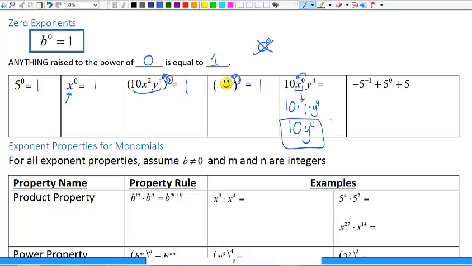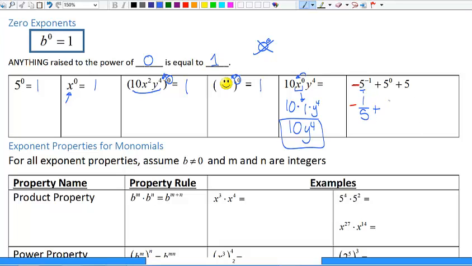On this next problem, we're testing to make sure you understand the difference between a negative exponent, a zero exponent, and a positive exponent. See if you can understand all three of the concepts. On this first problem, the exponent is not being applied to the negative out in front, so it just stays negative. The 5 to the negative 1, he's not happy where he's living upstairs, so you put him downstairs. Plus 5 to the 0.